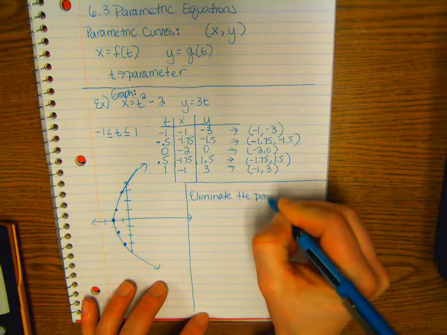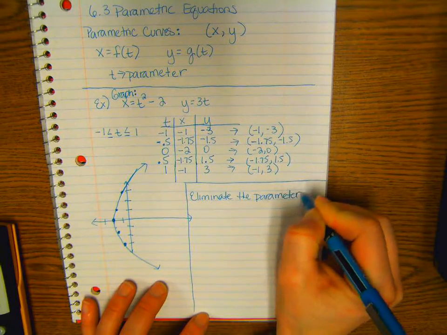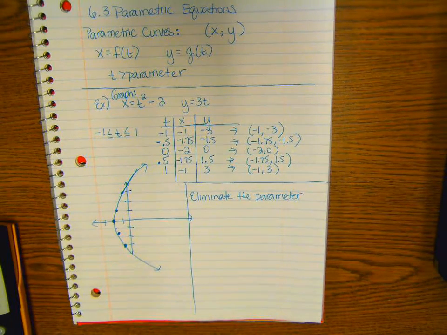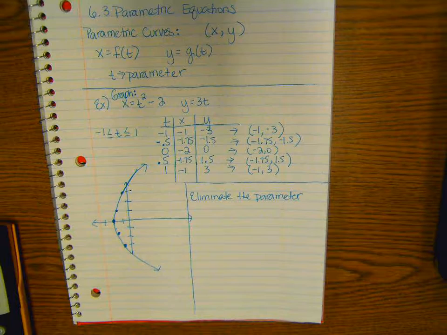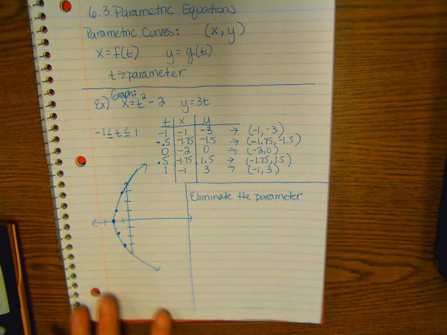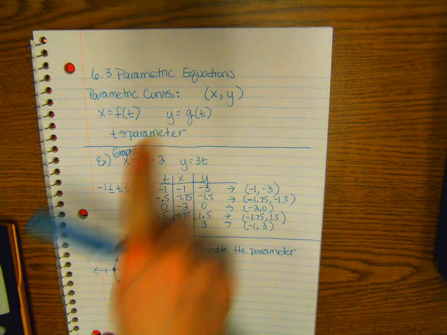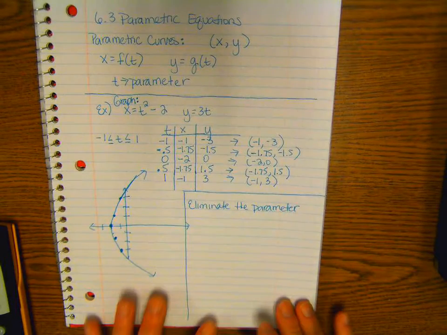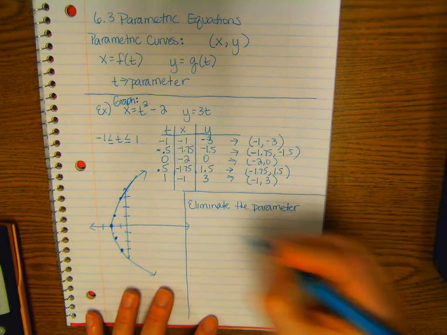And this is why it is talked about in chapter 1, because what this ends up being is a composition of functions. I'm going to put one of these functions in for the other function, essentially. So let's just do the one we did. This means to get rid of t.